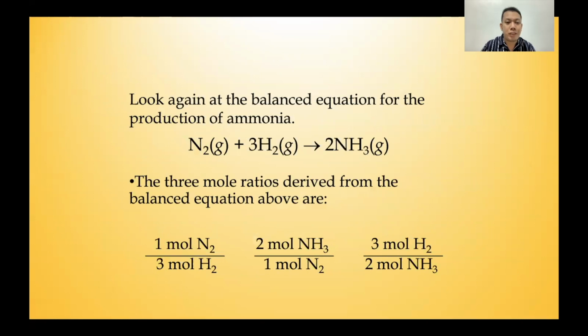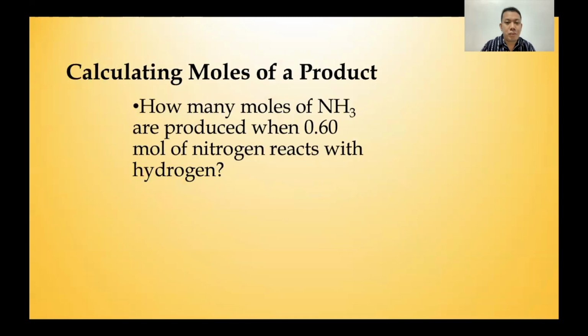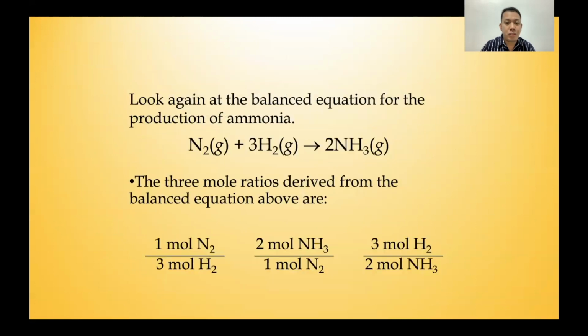For example, look again at the balanced equation for the production of ammonia. You have here N2, H2, and the product is ammonia. The three mole ratios derived from the balanced equation above are: in 1 mole of N2, you'll have 3 moles of H2.